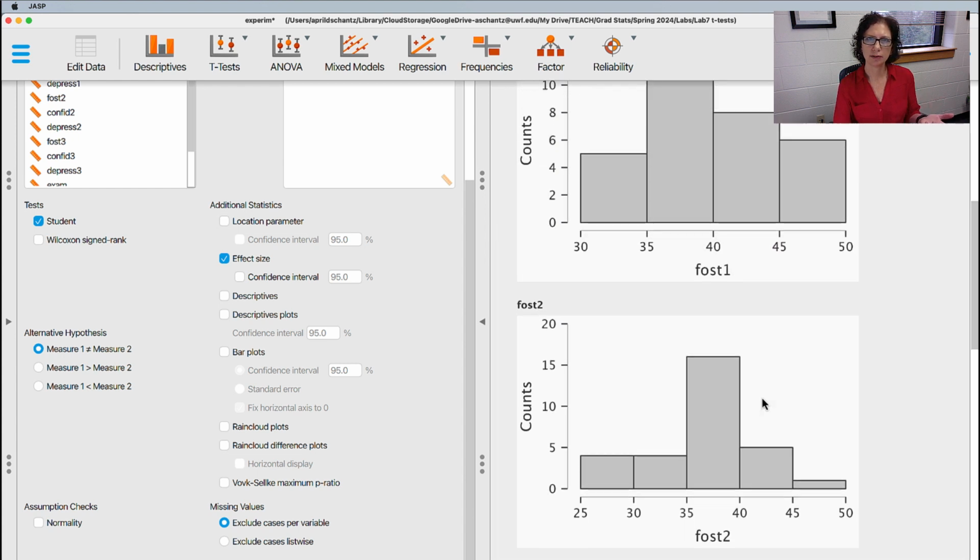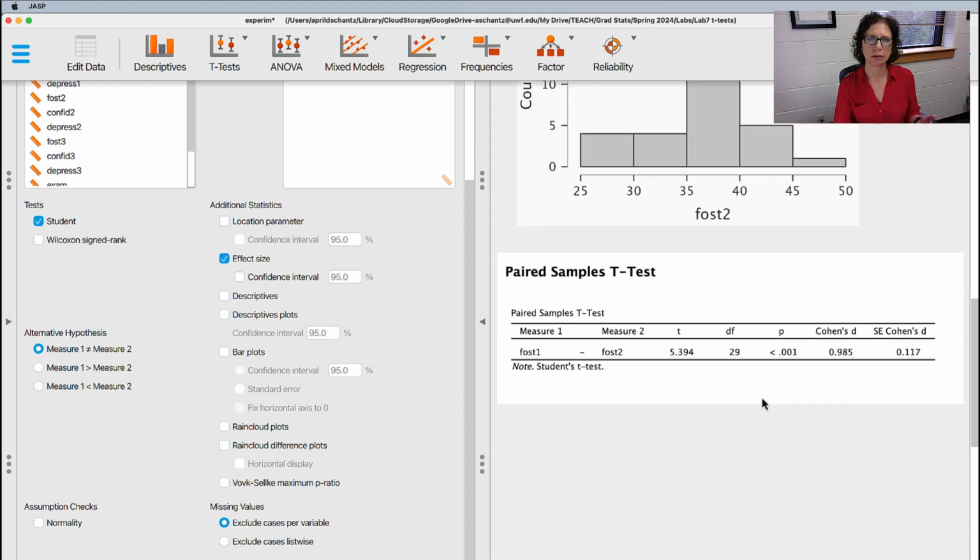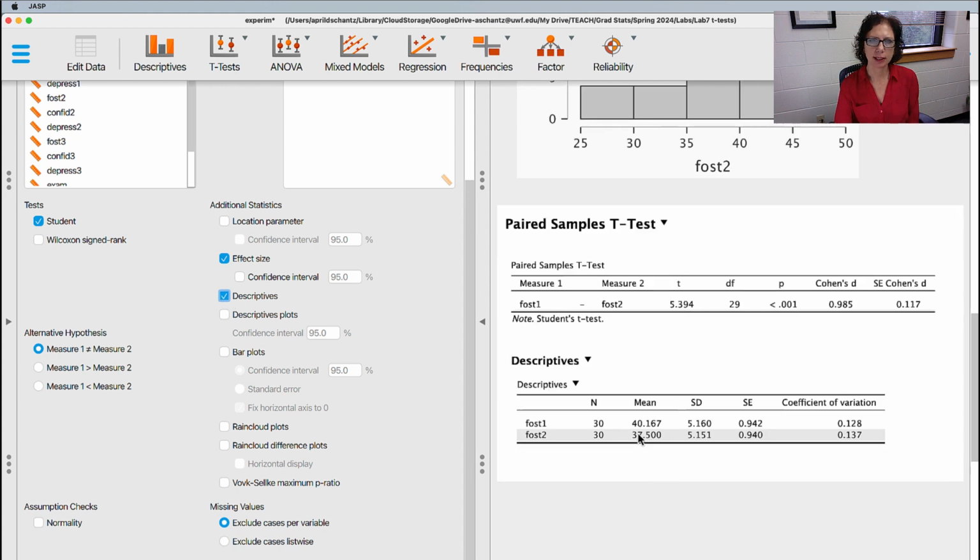Now, there's a significant difference here, but which way? Like, which one is higher or lower? Well, we can get descriptives. Looking at this table, we see that at time 1, the fear of statistics score was 40.2, compared to at time 2, the fear of statistics score was 37.5. So there's a difference, and according to our t-test, it's a significant difference.